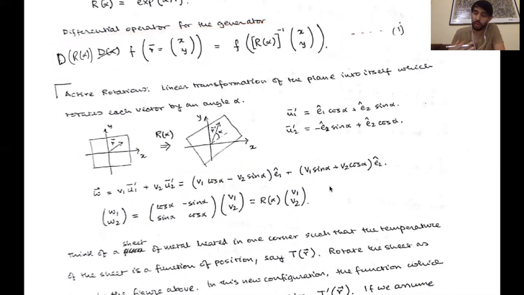Maybe if you have problems with this, we can try and address this again next time around. But the idea is that you have to relate f where r is equal to xy to f at r equal to this R inverse of xy. Okay, so if you do this, let's see what we get.